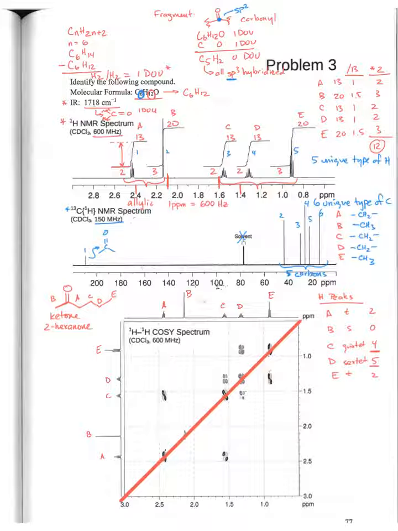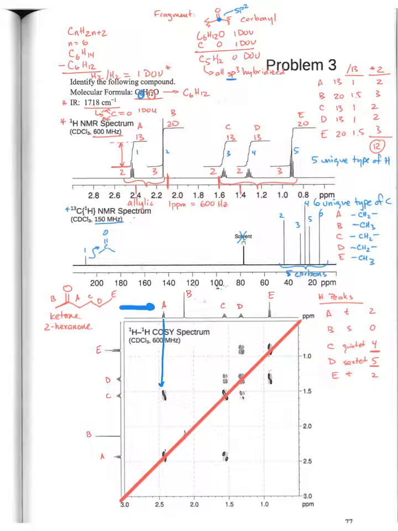So if we're reading here, let's read sort of this way. And so when we hit peak A and we read down, we're running into this peak.